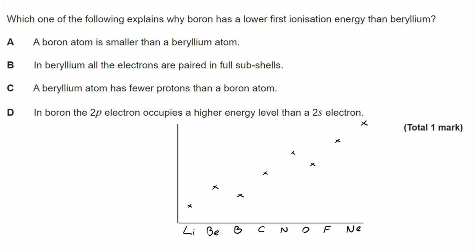Once we can see where that dip is and where we are looking, we can see that it's happening as we move into the 2p sublevel. So the fact that the electron is being removed from a higher energy p sublevel means that less energy needs to be put in, so the ionization energy drops.